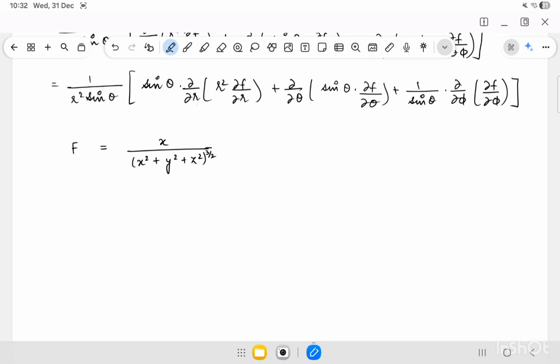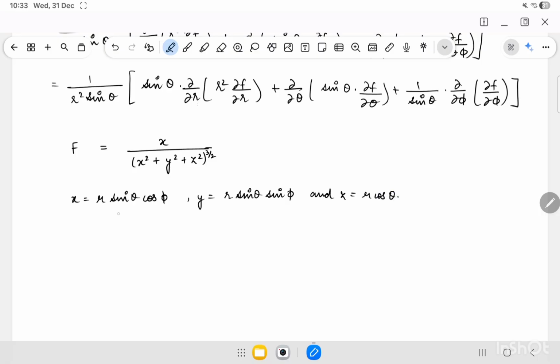In spherical coordinates, x is equal to r sin theta cos phi, y is equal to r sin theta sin phi, and z is equal to r cos theta.